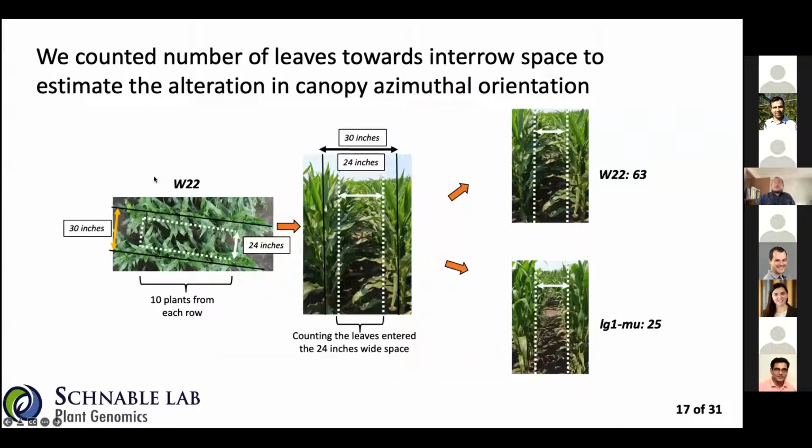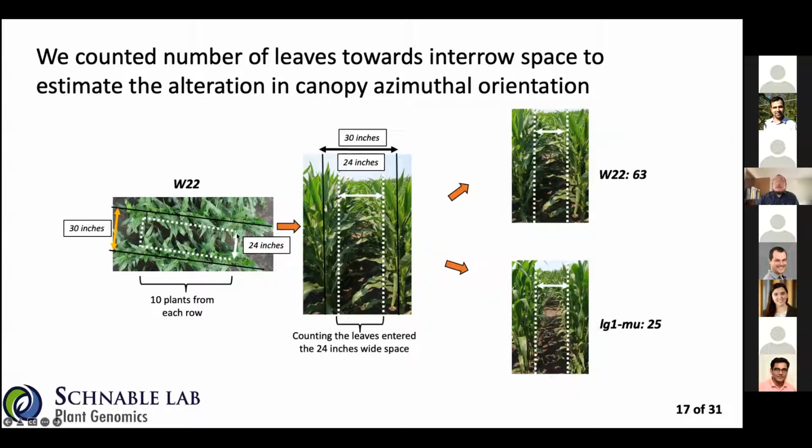The way we did it is we tried to count how many leaves are actually pointing towards the interrow space. From a 4-row plot, we selected the middle 2 rows, and from each row, we consecutively selected 10 plants. Therefore, 20 plants in total from the 2 rows.